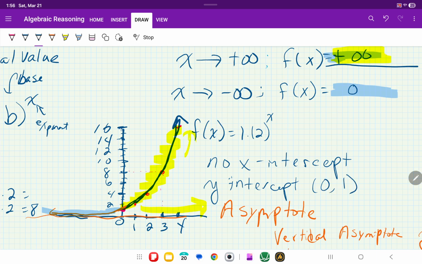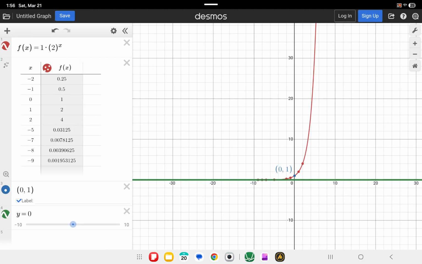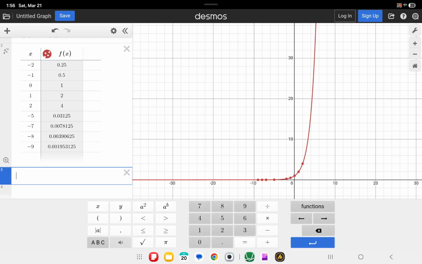Okay. So we do not want to put down y equals 1, because I'm going to show you the difference here. If I put down y equals 1, you'll see I will get a line. And we don't want a line. We want our intercept. So we're going to cross it out.